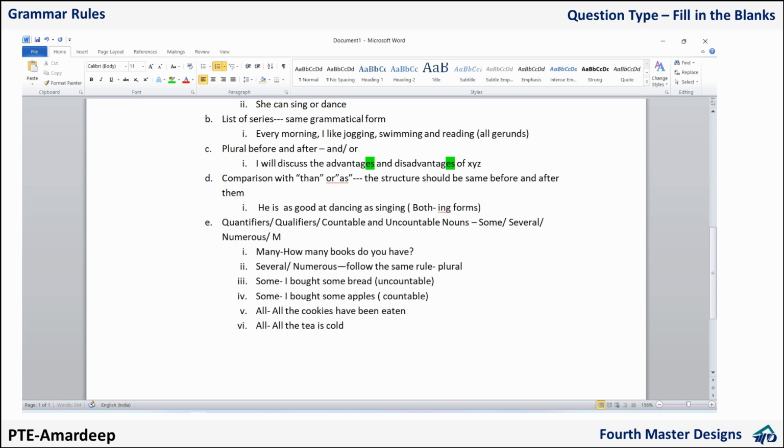Okay, then we have much, many, and then all, most, some, and any.